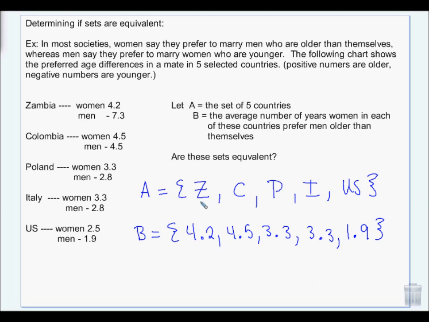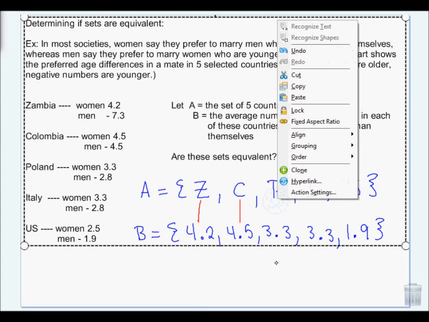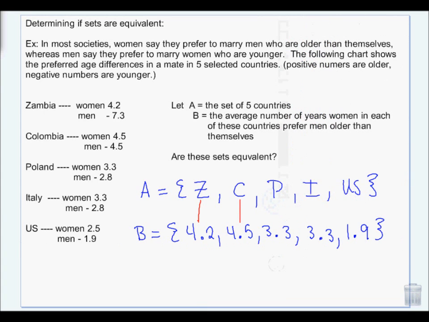In Zambia, they like them to be 4.2. Colombia. Oh, wait, I messed up. See, here I go. 3.3 is the same number, right? We don't count it twice. But couldn't you just put it into the set twice and just not count it twice?